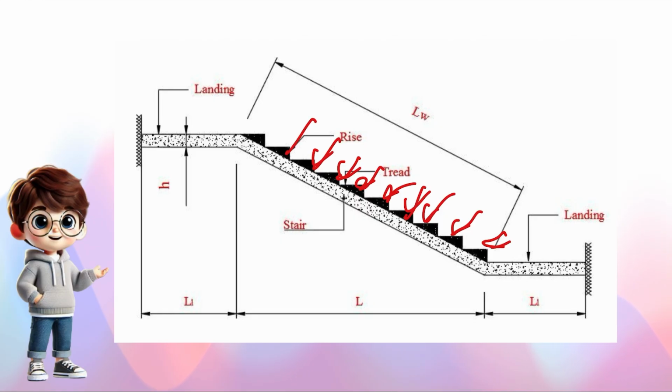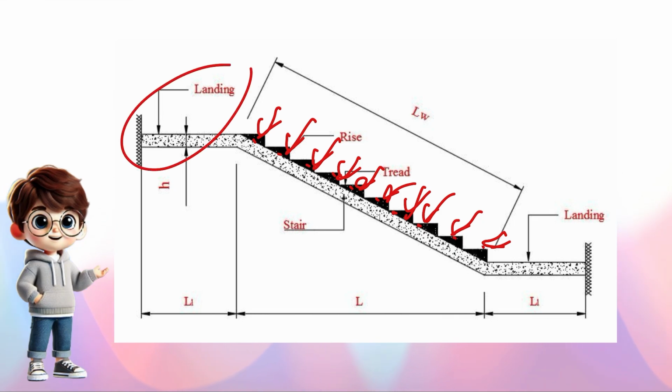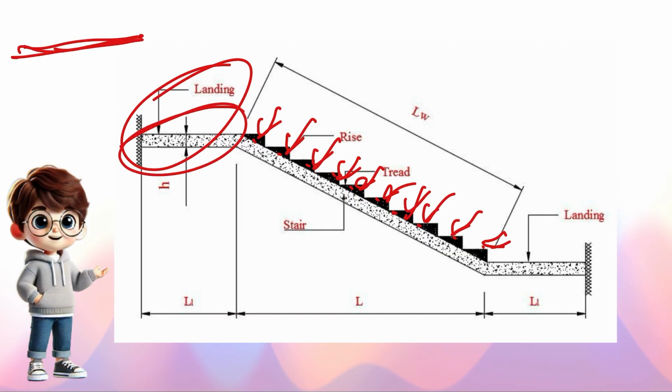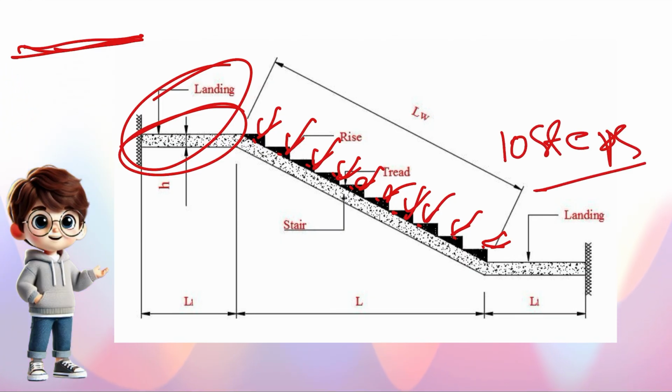So for every 10 steps, 1 2 3 4 5 6 7 8 9 10, there should be one landing. If you haven't reached the actual height you want to reach, you need to provide an intermediate landing at least. After that, steps will start again. So for every 10 steps there should be an intermediate landing.